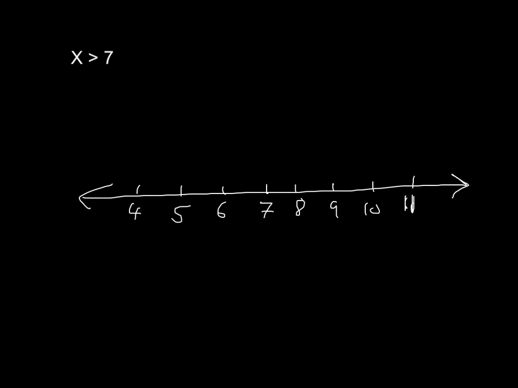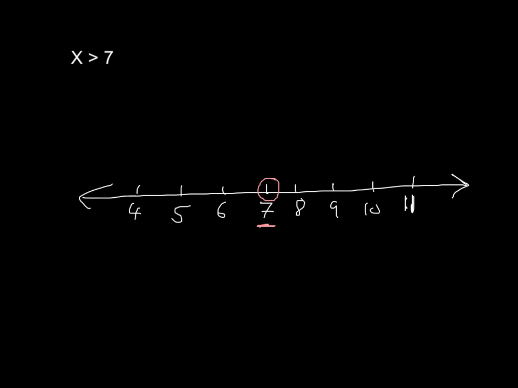So how do we graph these on a number line? Let's start with the example x is greater than 7. I'm going to put 7 right in the middle of my number line because I know that I'm going to have to put some kind of mark there. Because it does not include 7, I'm going to draw an empty circle, and then I'm going to decide, does the arrow go to the left or to the right?